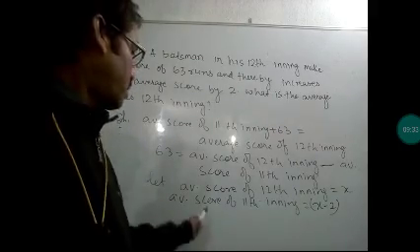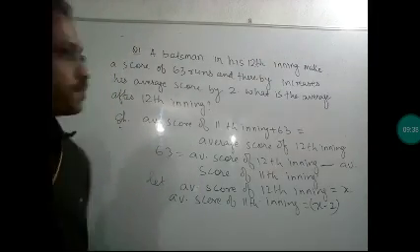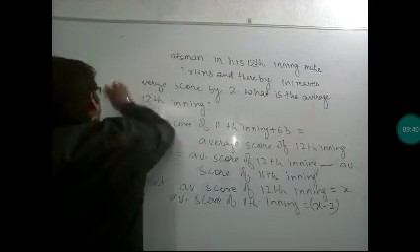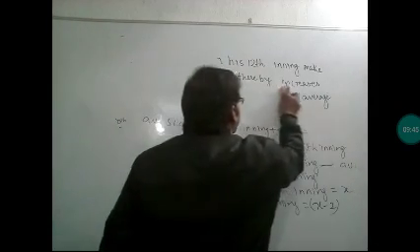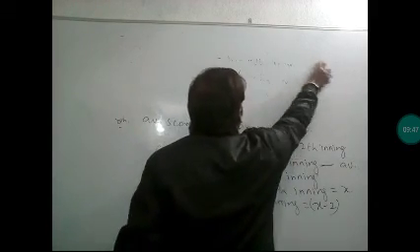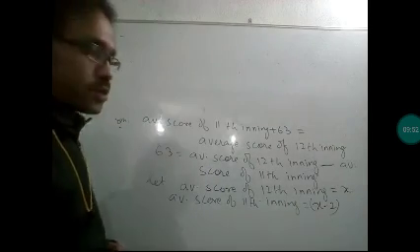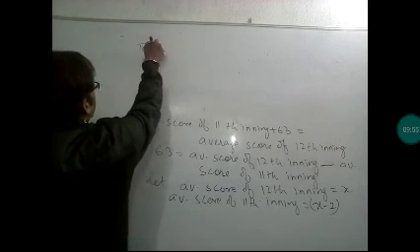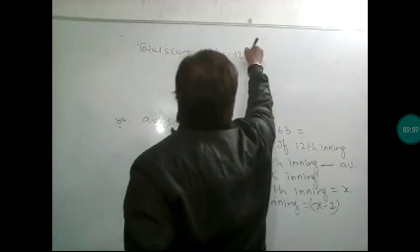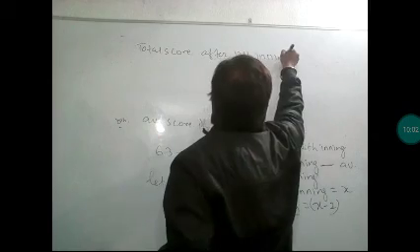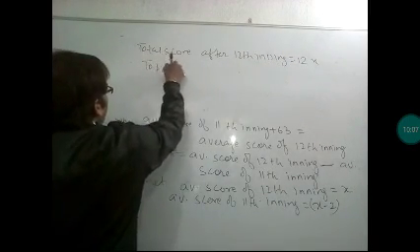Now what is the total score up to the 11th inning? That also we have to find, and then we add this 63, because 63 is the score of the 12th inning. So now see here. The total score up to the 12th inning is 12 into x, because the average score of 12 innings is x.